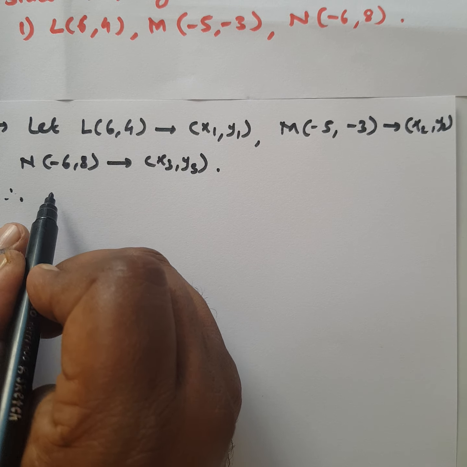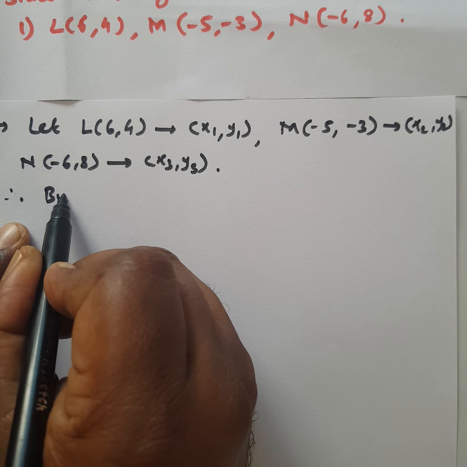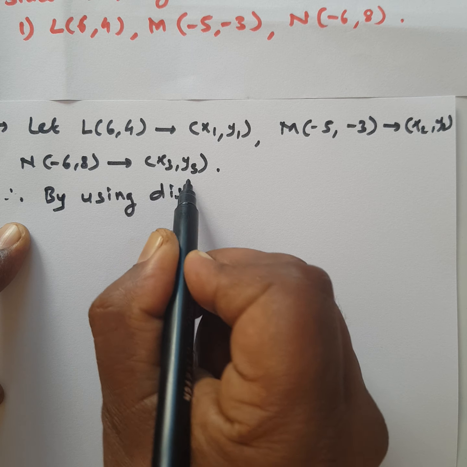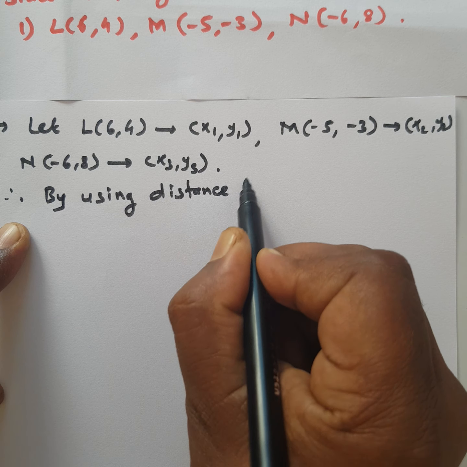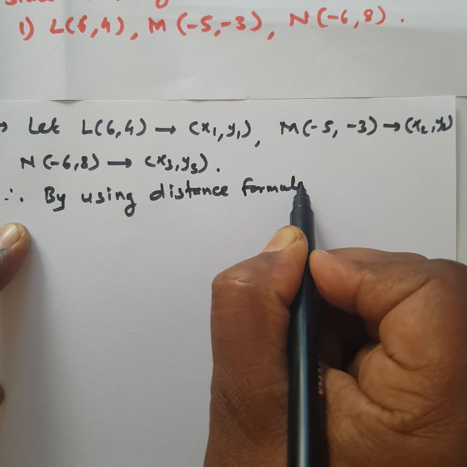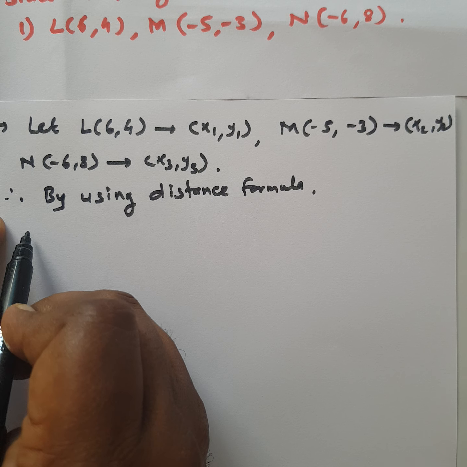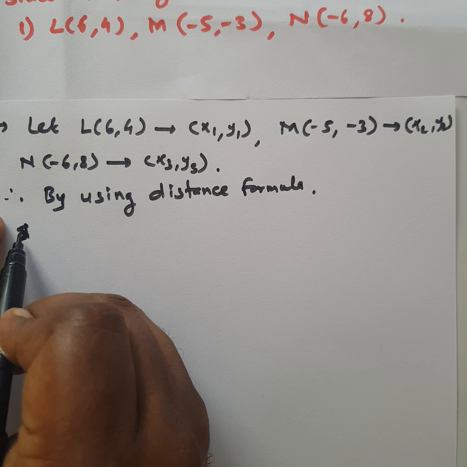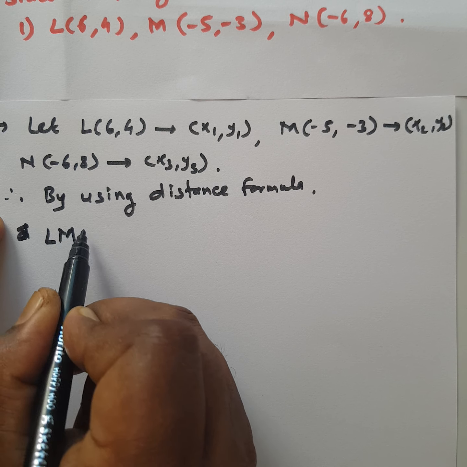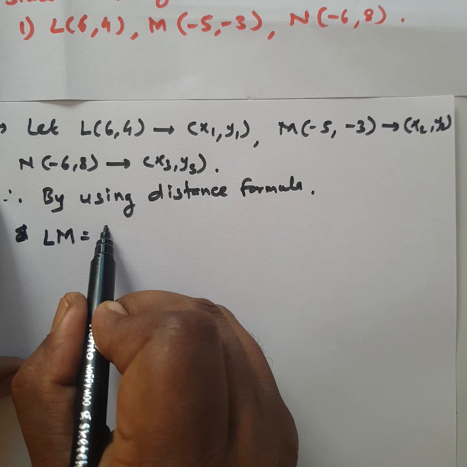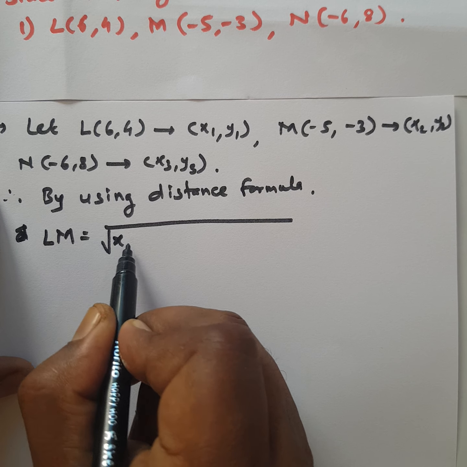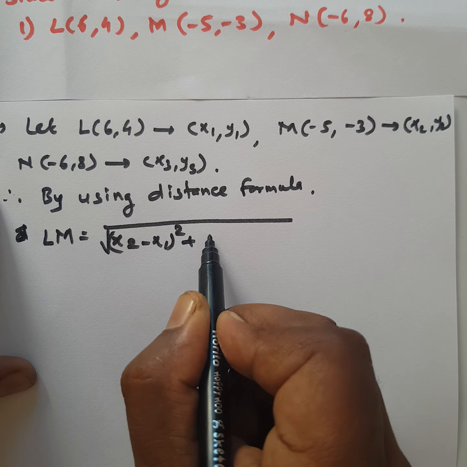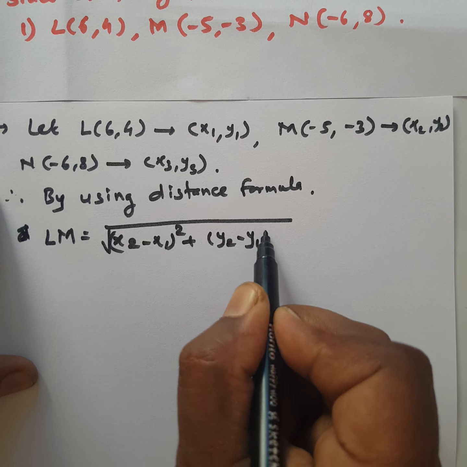Therefore, by using the distance formula, LM is equal to the square root of (x2 minus x1) whole square plus (y2 minus y1) whole square.